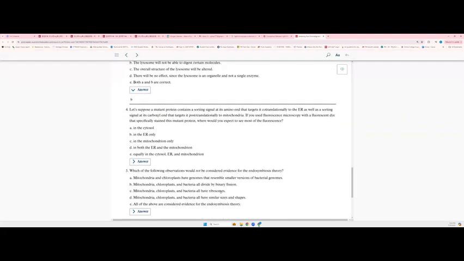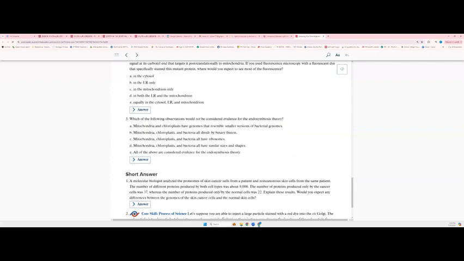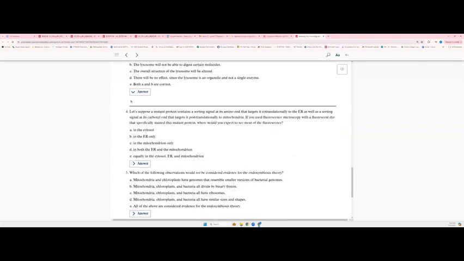Let's see. Let's suppose a mutant protein contains a short sorting signal. So the protein changed. The protein used to have a sorting signal.